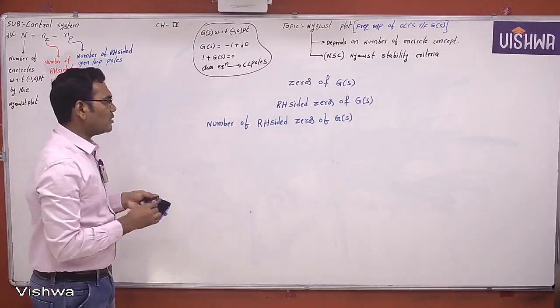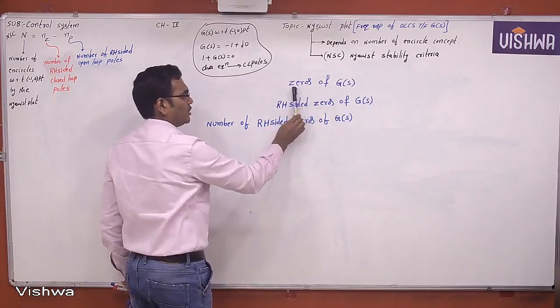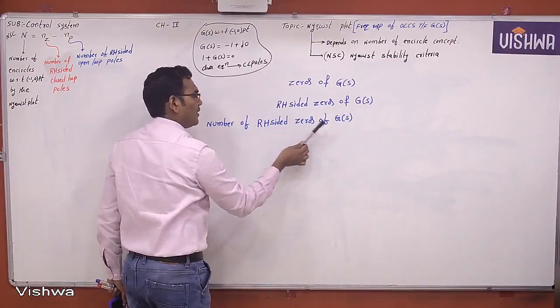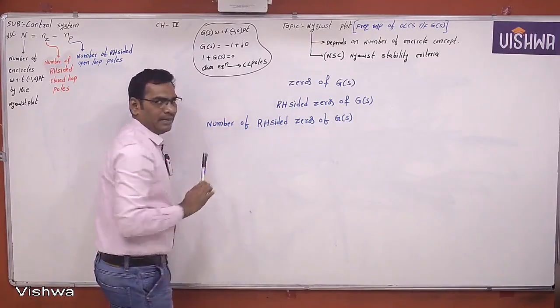Now similarly, see students, open loop transfer function zeros. Open loop transfer function right-hand sided zeros, how many in number?